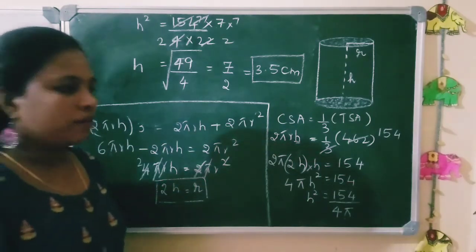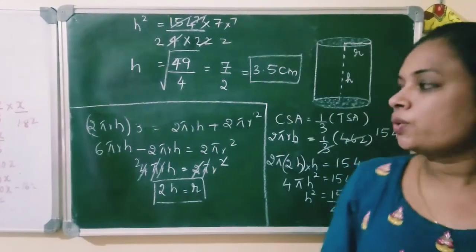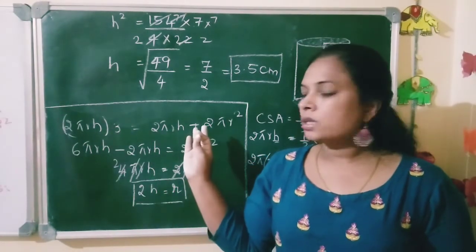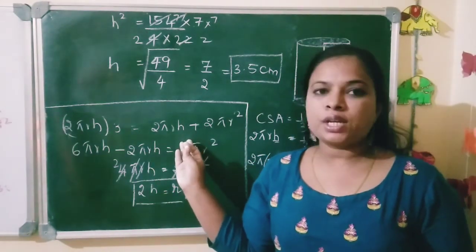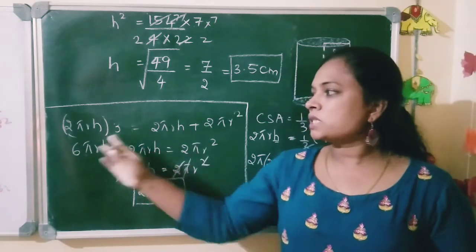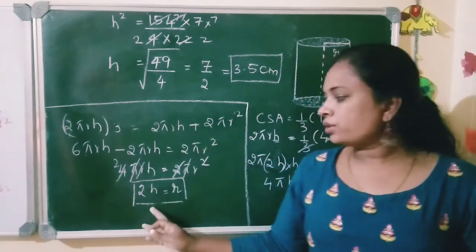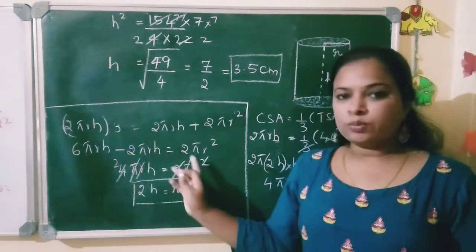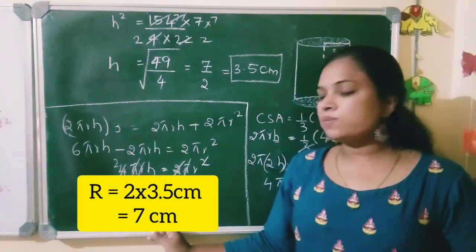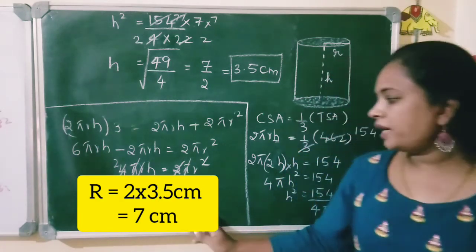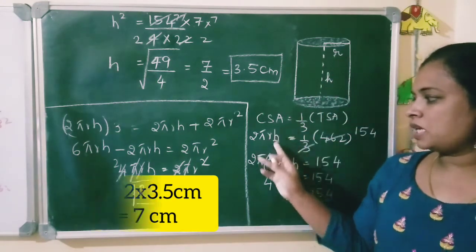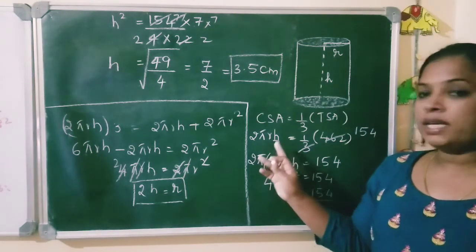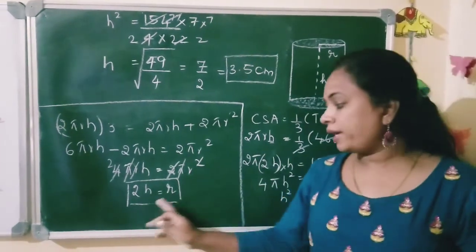So this is how you have to solve it, children. First you have to equate the total surface area and the curved surface area with whatever ratio they have given. Then you find out the radius using the formulae. After that, substitute the value of radius in the curved surface area. Radius should be replaced here with 2h.